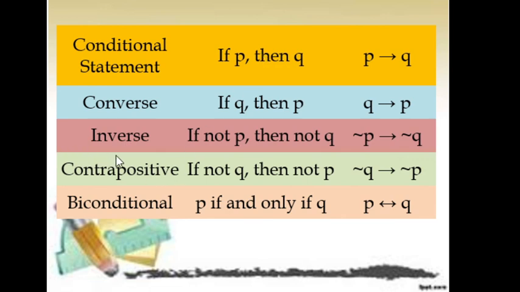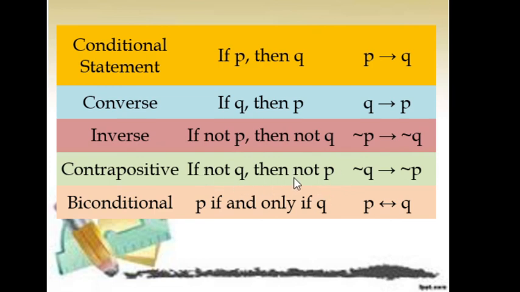Next, inverse. So, gagawin lang natin negative yung ating statement. Paano natin gagawin negative? Maglalagay lang tayo ng words na not, no, does not have, do not have. Depende again sa ating statement. So, meron tayong if not P, then not Q. And sa ating contrapositive, we have if not Q, then not P.